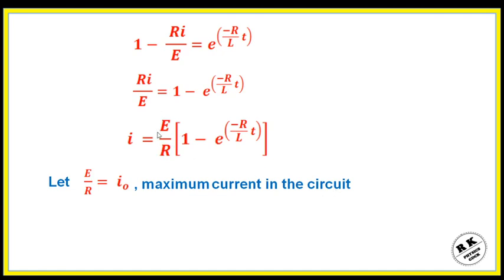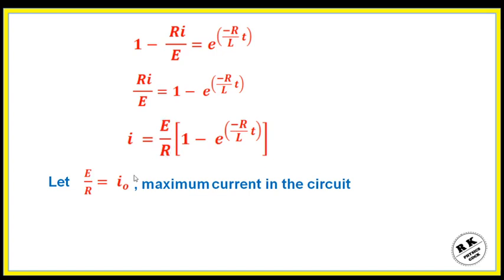Why is it constant? When the current is flowing, the EMF of the battery is not changing. Though the effective EMF is varying, the EMF of the battery remains constant. Also, the value of resistance is constant. So this term E by R is constant in a growth process.